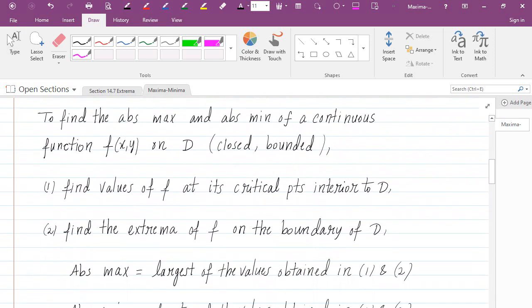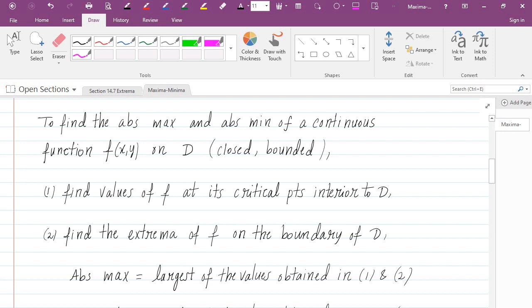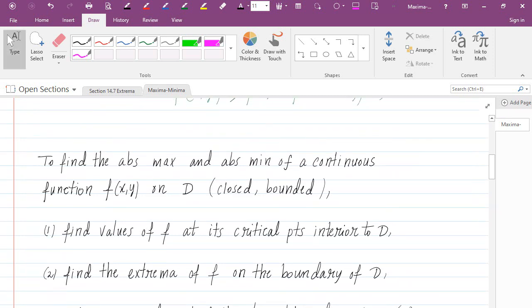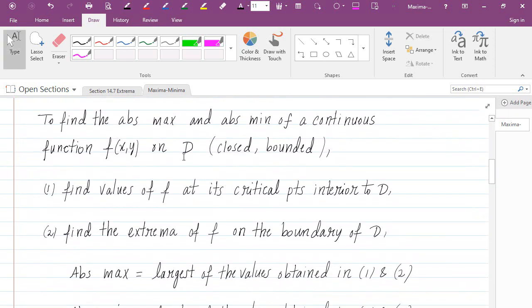So if I have a closed and bounded set D, then how do I find the maximum and minimum of f on D? Well, either max and min, I'm just going to call them extrema.